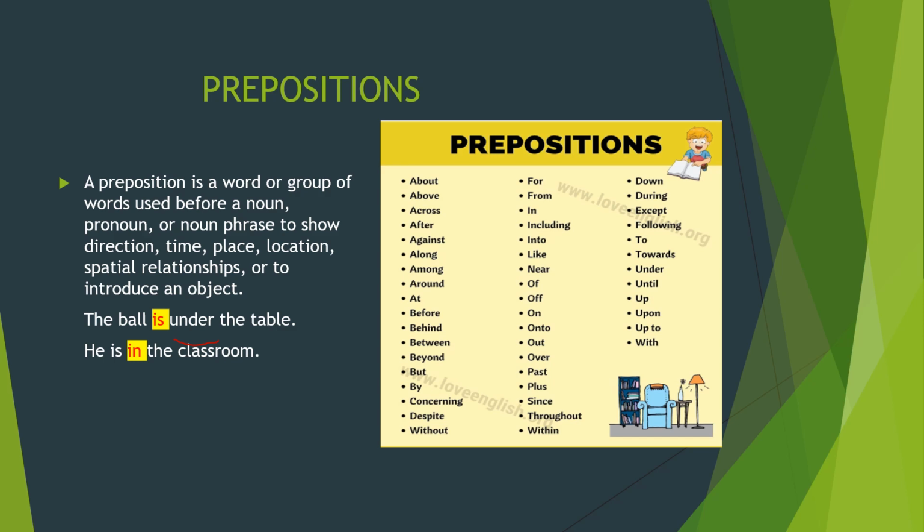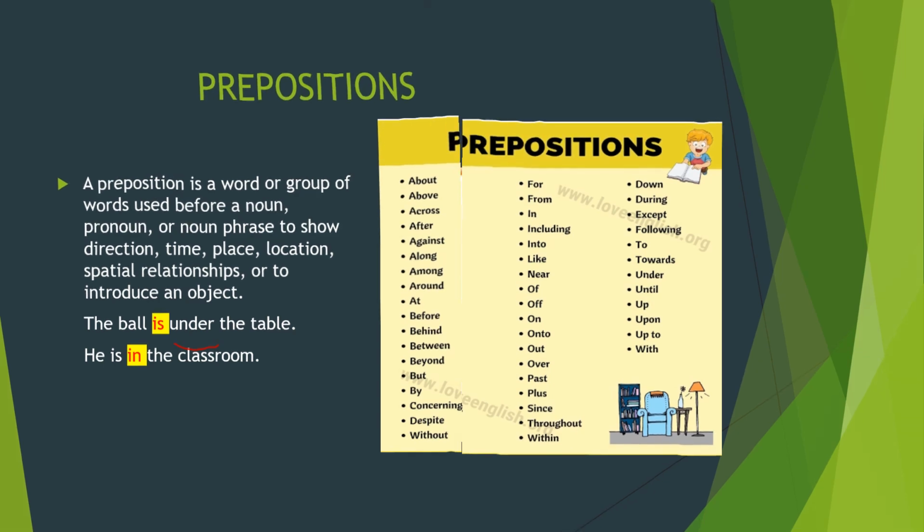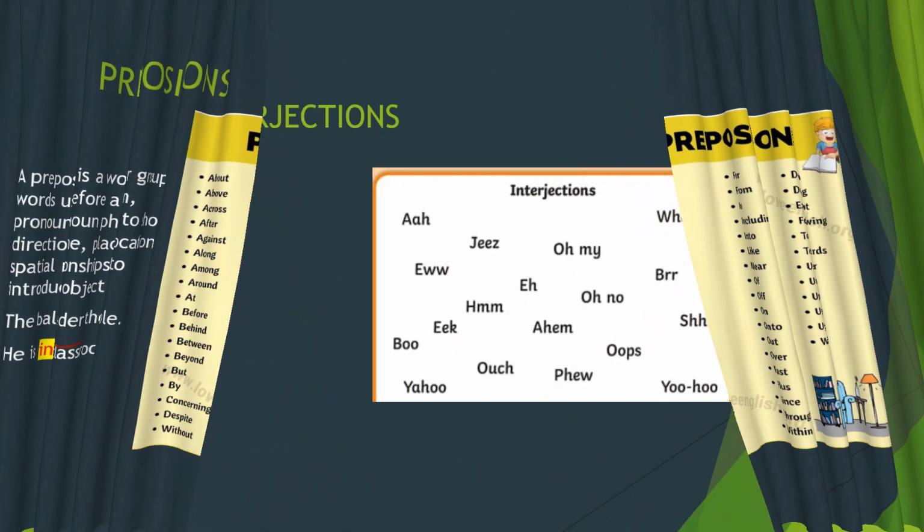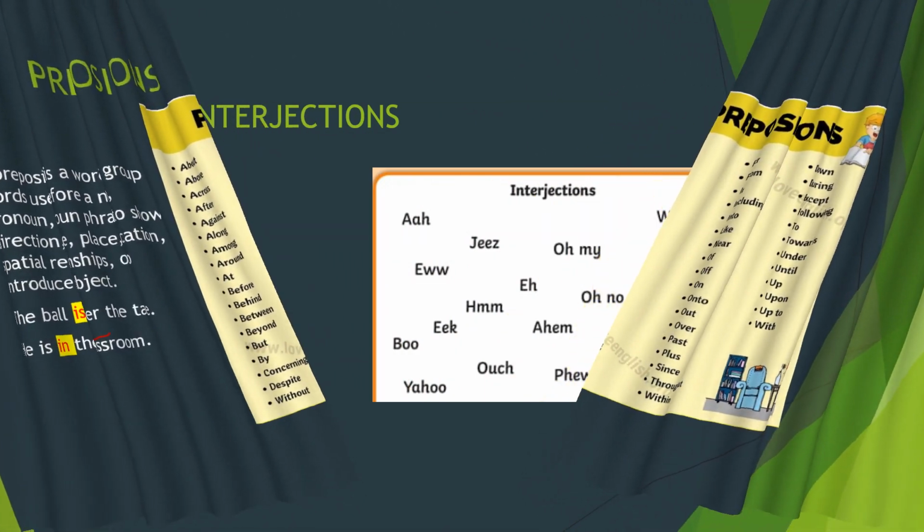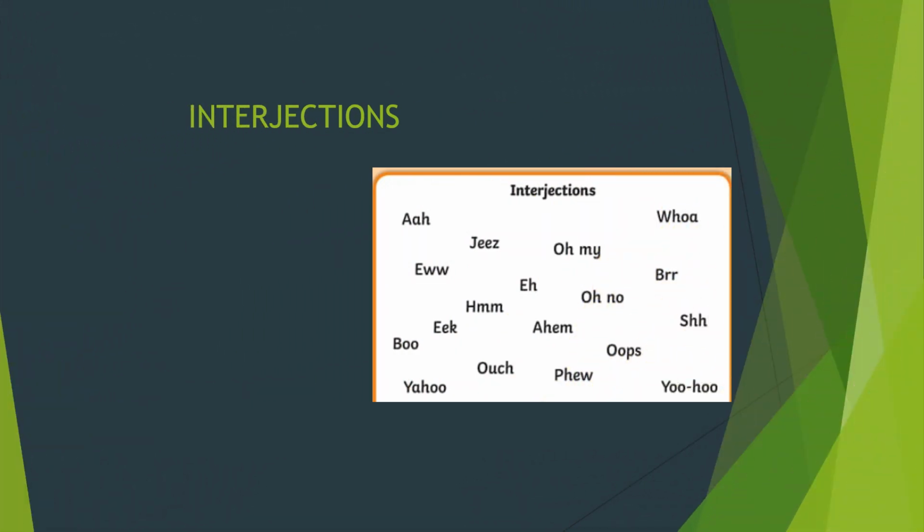Now let's talk about the last part of speech, which is interjections. Now, as you can see, there are some examples like oh my, oh no, oops, phew, ouch, yoo-hoo, hooray, and all. So what are interjections?